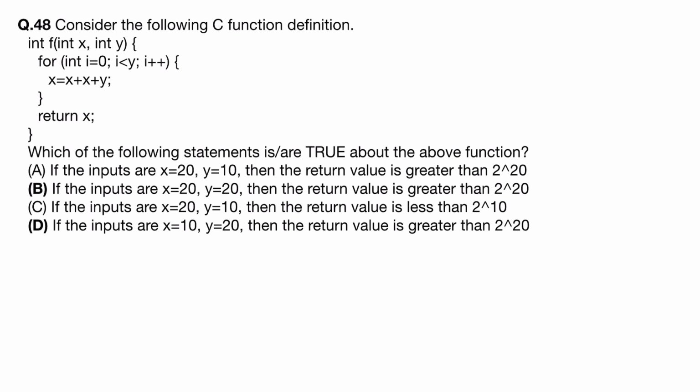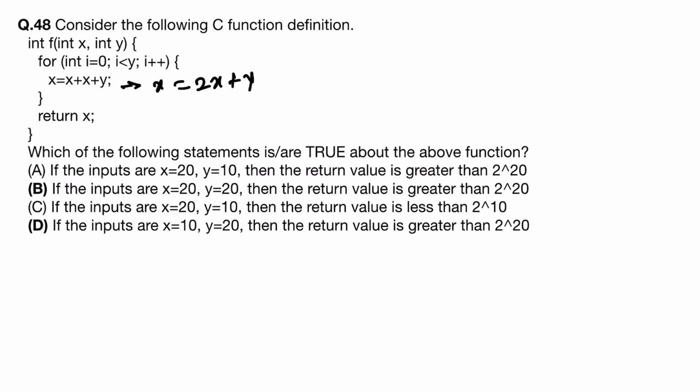Now see this question. Consider the following C function definition. Int f, int x, int y, for loop till y, and x value is here. Actually it can be written x equal to 2x plus y also. Return x. Actually see here, we can generalize this one.